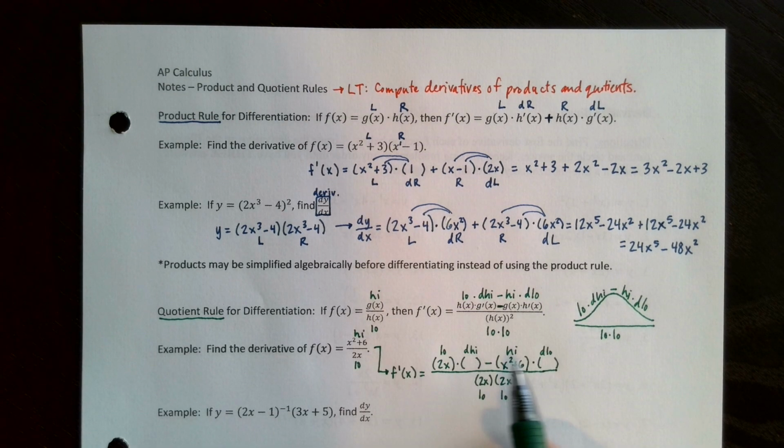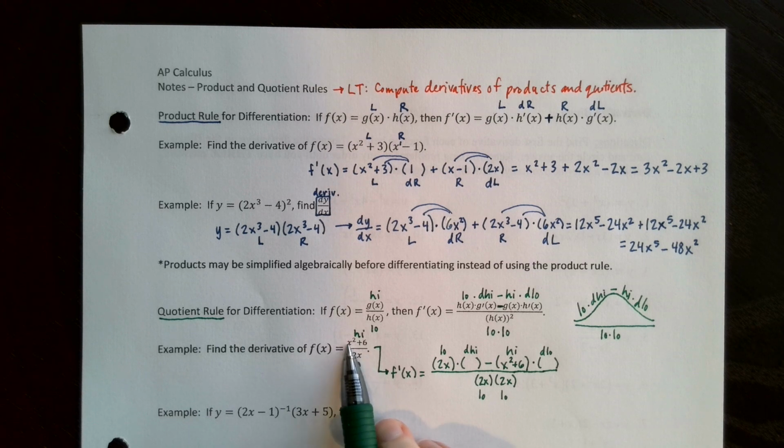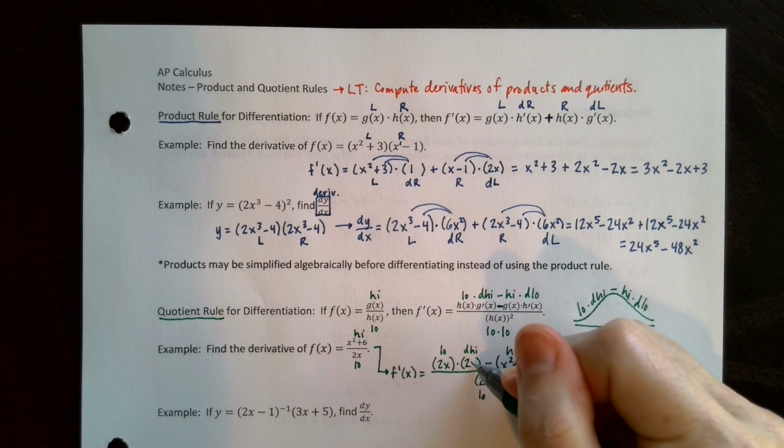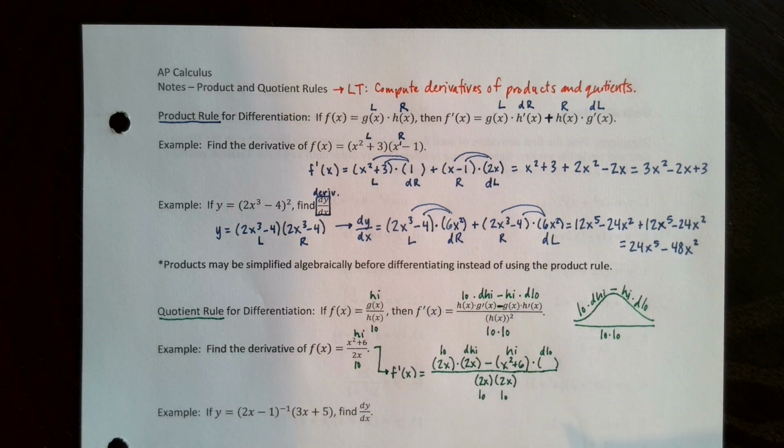So I set up our template for the quotient rule. I put in the functions that we know for sure. We're going to start with our low function, which is 2x. Our d high will be the derivative of x squared plus 6. Using the power rule on the x squared, we get 2x. The derivative of plus 6 is 0. Quotient is minus in the middle.